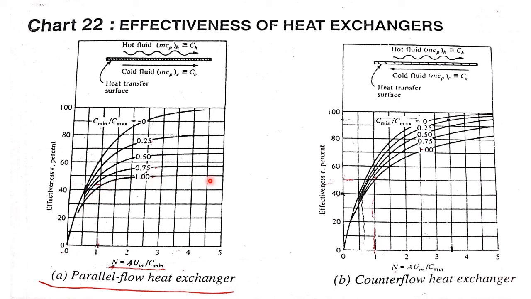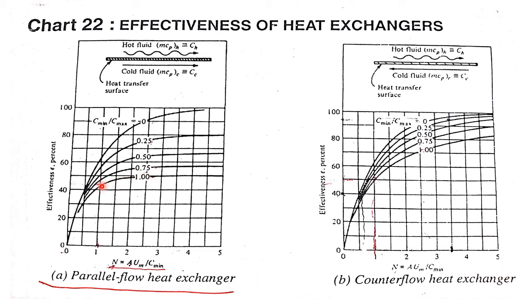So already we have calculated NTU. Our NTU value we have calculated as 0.96 and capacity ratio as 0.946. See here, 0.96 NTU will be somewhere nearer to this 1, and this capacity ratio 0.946 will also be somewhere nearer to this curve only.